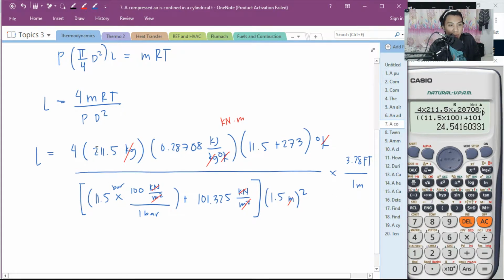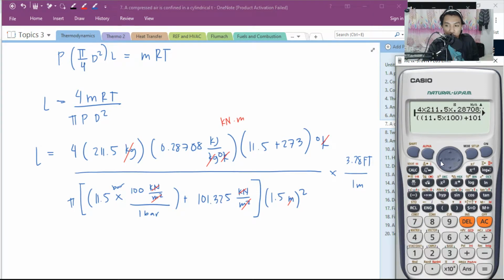May nakalimutan ako, yung pi. Yun, pi. Okay, dagdag ko na lang dito. Okay, 3.28. Uy, mali. Ayan, answer.